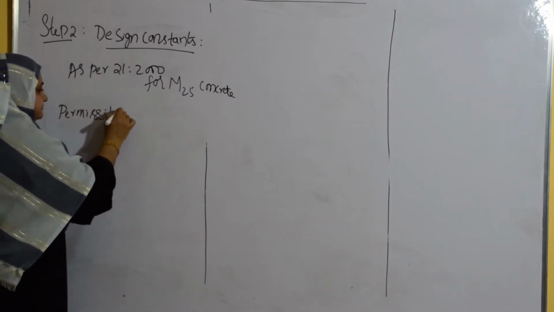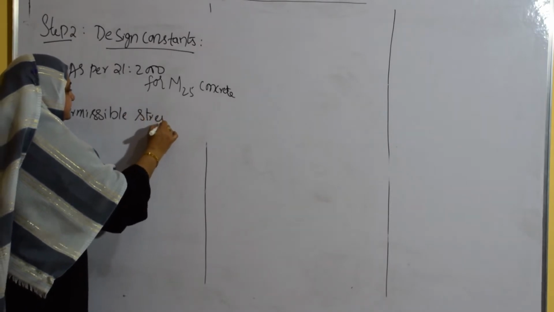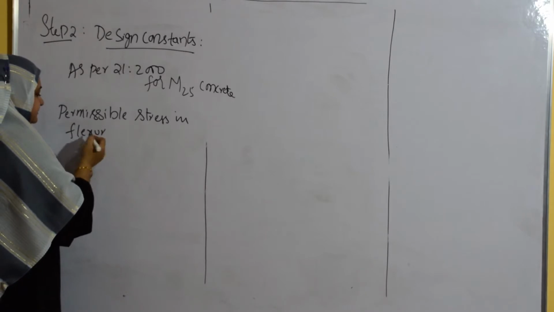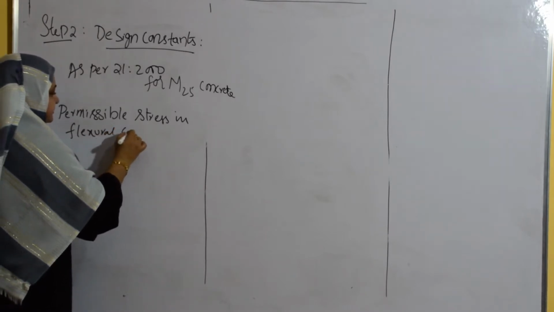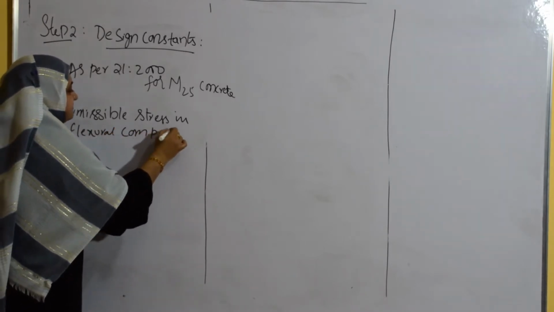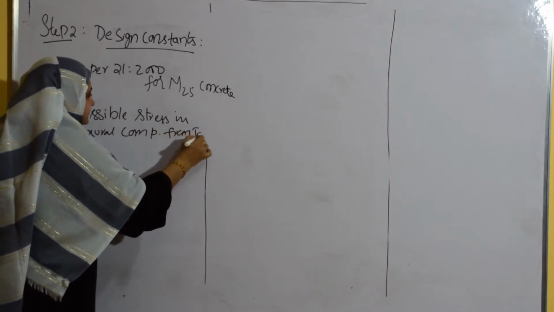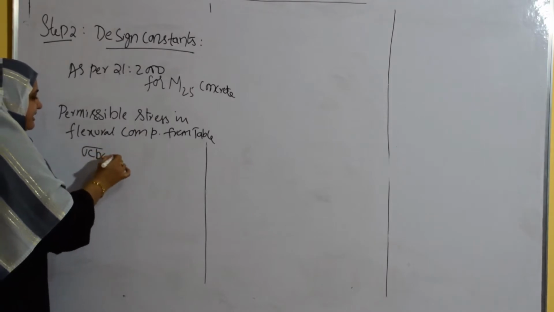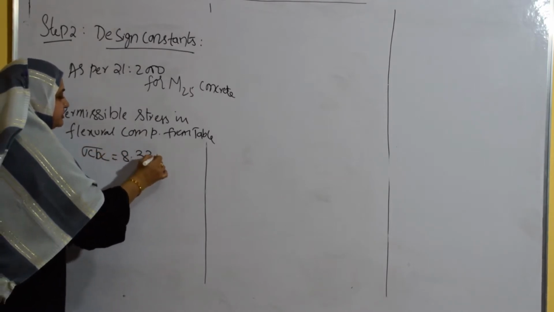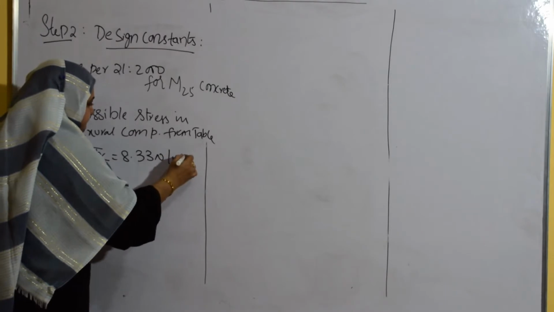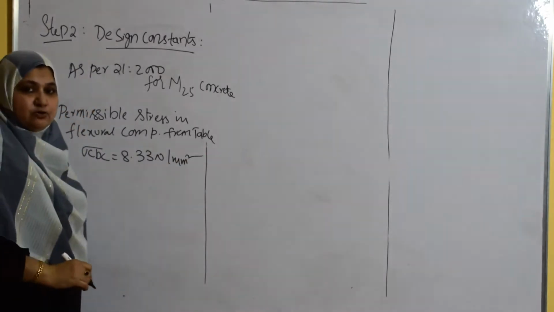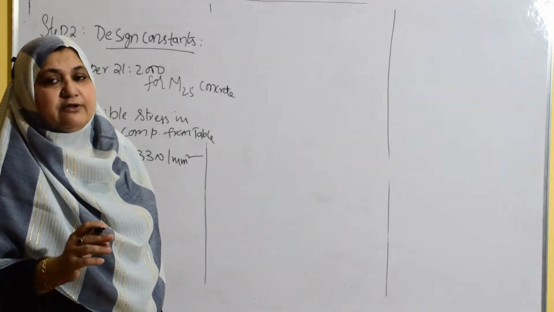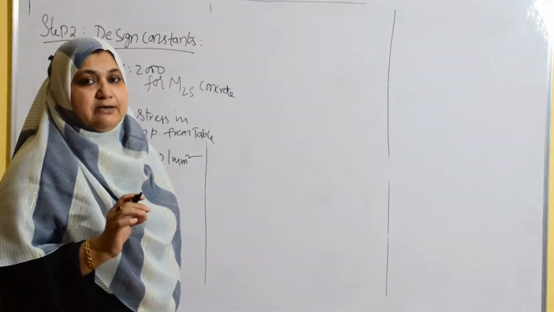Permissible stress in flexural compression, from table 9. The value we represent by sigma CBC. The value is 8.33 Newton per mm square. This is the permissible stress in concrete in a member subjected to flexure for M25 grade. You can refer to IRC 21, table number 9.